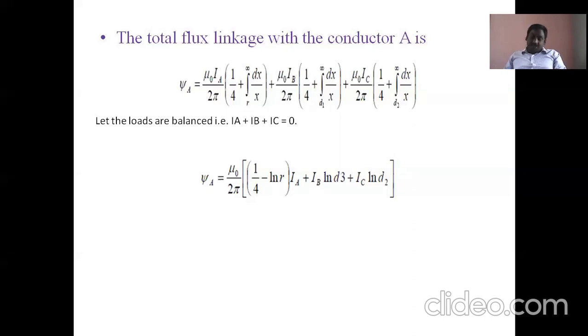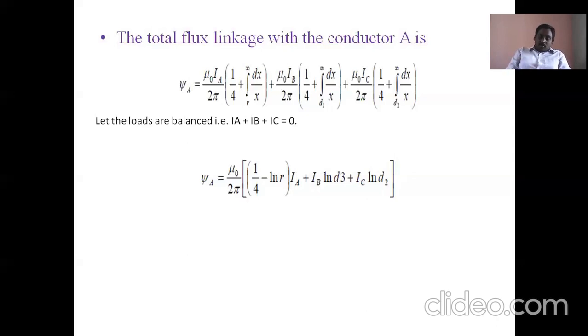In the simplification part, taking 1 by 4 as common, psi A is equal to mu naught by 2 pi, 1 by 4 is common, then minus natural logarithm of R into Ia, minus natural logarithm of d1 into Ib, then minus natural logarithm of d2 into Ic.